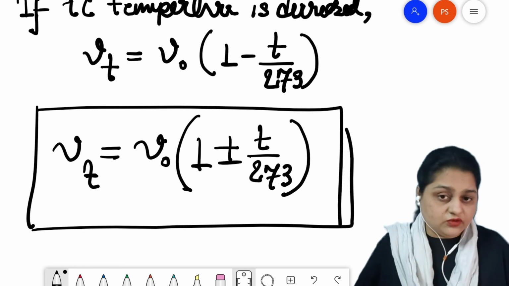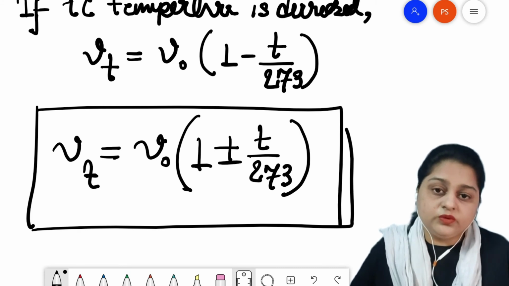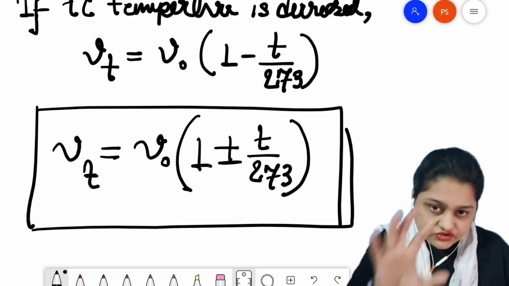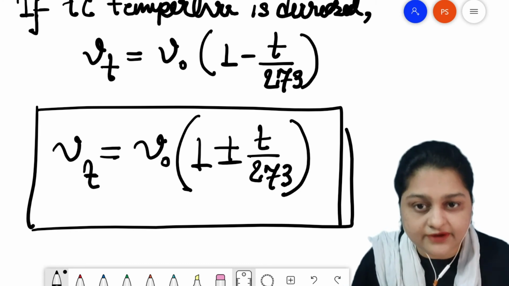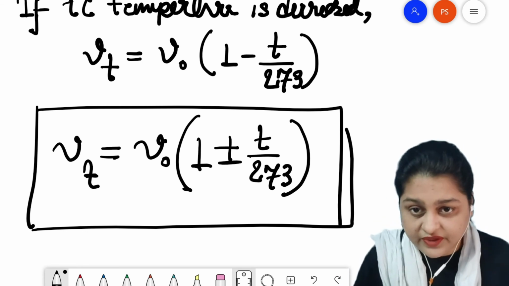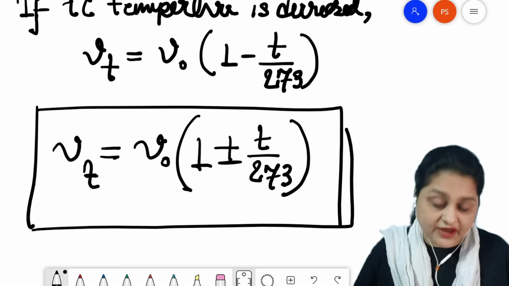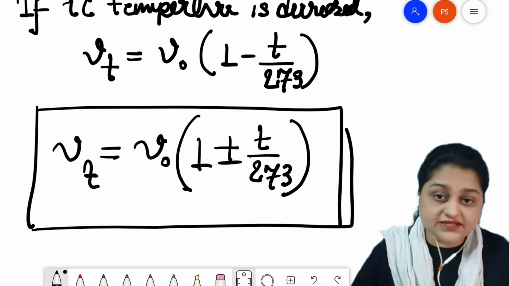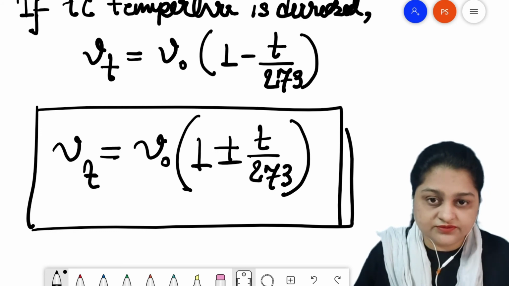He also calculated the amount of volume that will be increased or decreased with the rise or fall in temperature, and he found that for a certain amount of gas, the volume will increase by 1/273 times the original volume of the gas at 0 degree Celsius temperature. And he formulated an expression on the basis of this observation, and the general expression is Vt equals V naught whole into 1 plus minus T by 273.